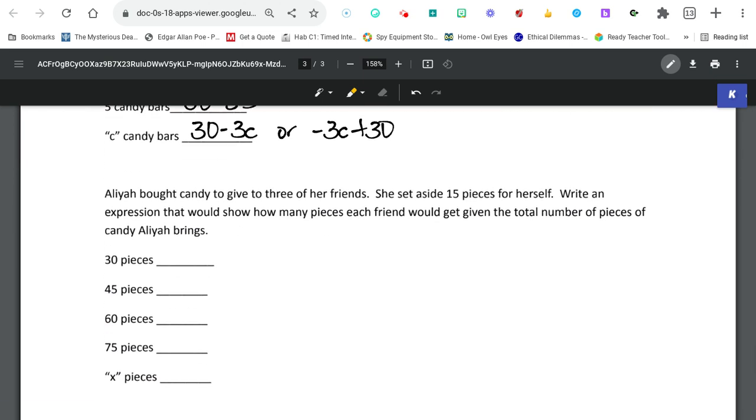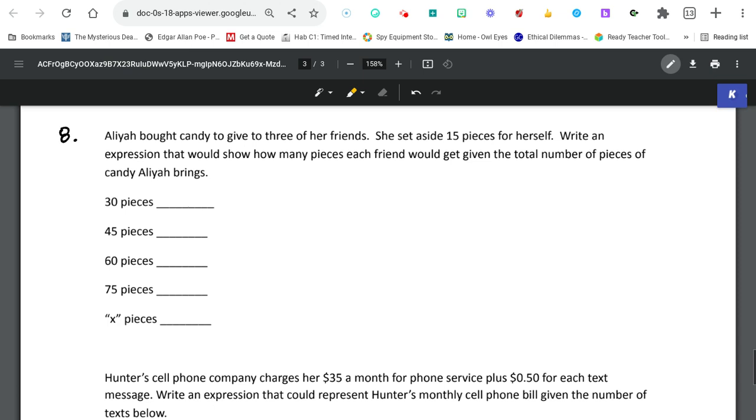All right, number 8. Aaliyah bought candy to give to 3 of her friends. She set aside 15 pieces for herself. So she took 15 out to make sure she had 15.